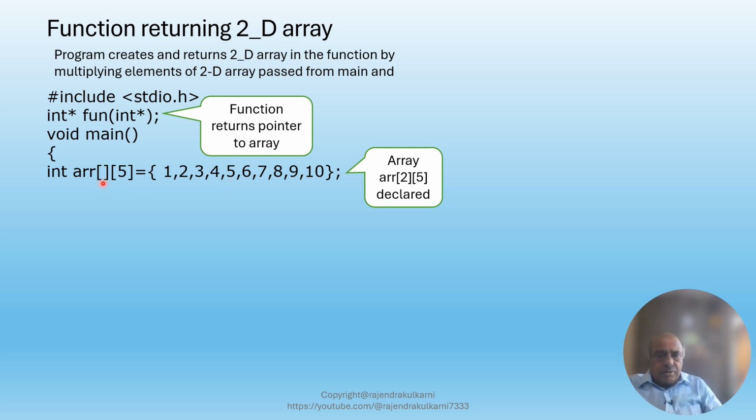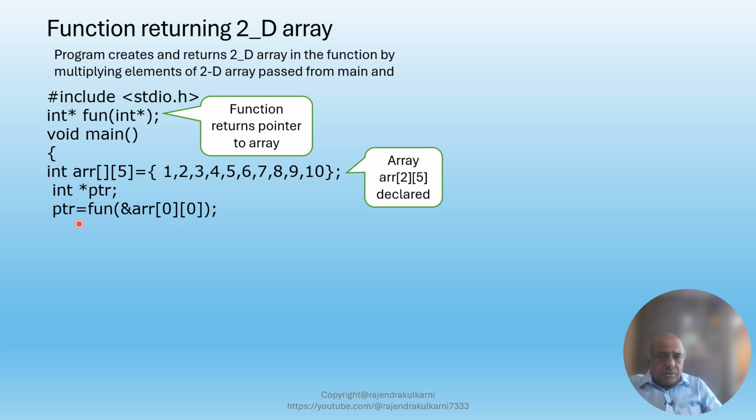So we have declared an int array with first subscript 2 and another subscript 5. Then we have declared an int pointer, and we have called the function, ptr is equal to fun, arr[0][0].